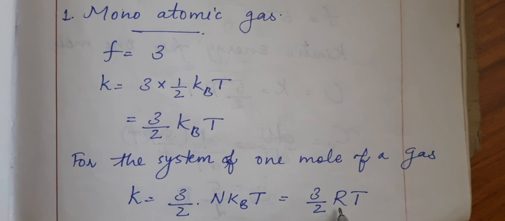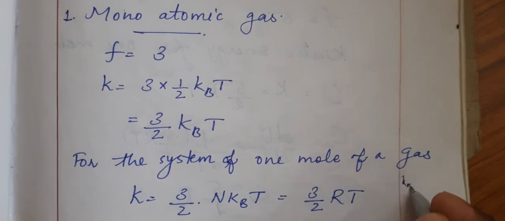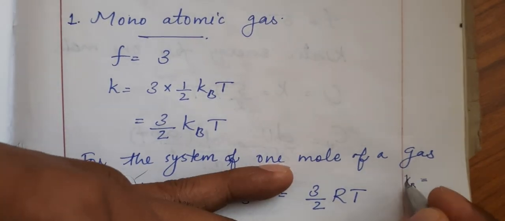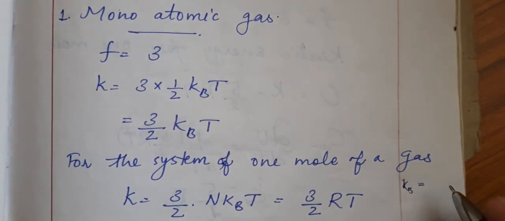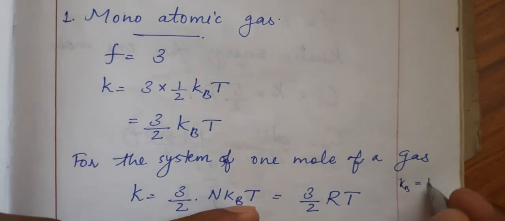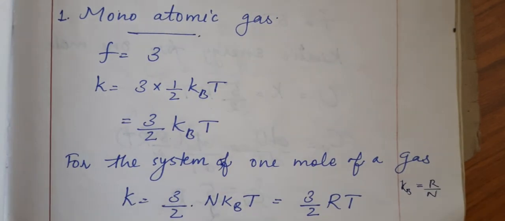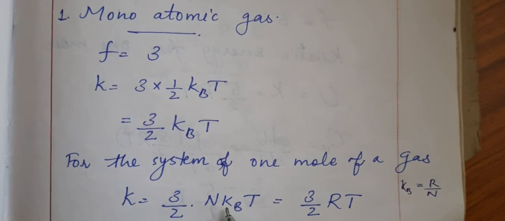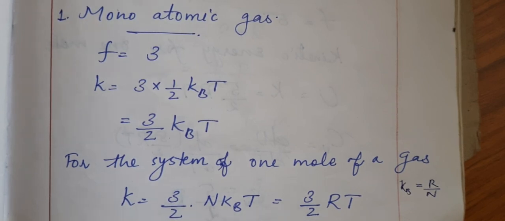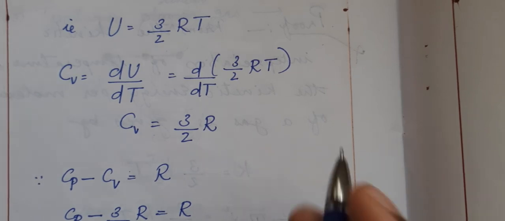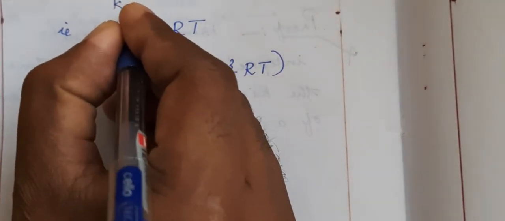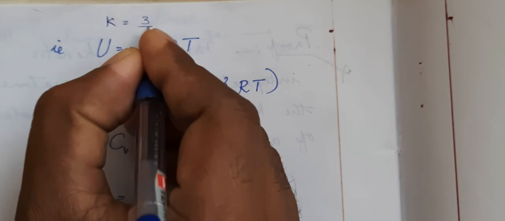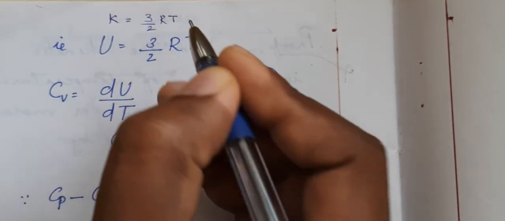N kB is nothing but the gas constant R, because we defined kB as R by N, which means our K is 3 by 2 N kBT will become 3 by 2 RT. So we got the kinetic energy K is equal to 3 by 2 RT for a monoatomic gas.